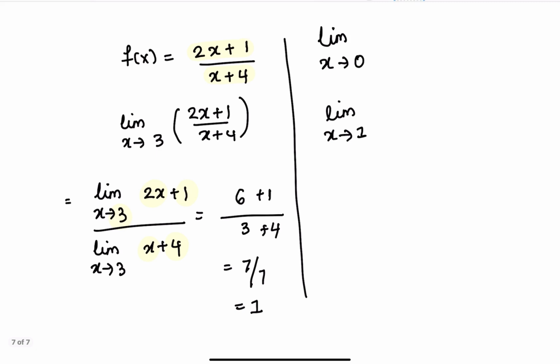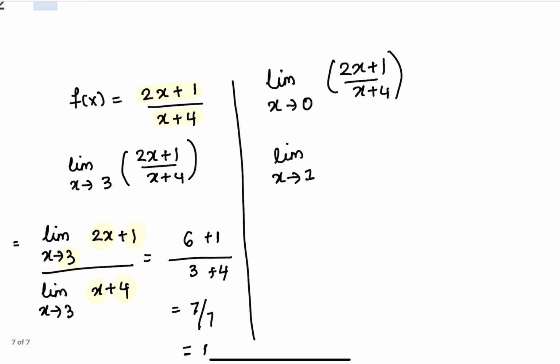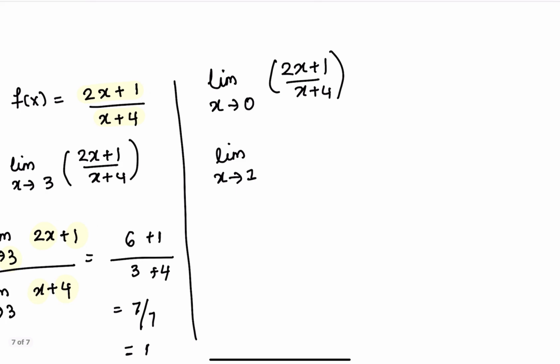Now let's do the same thing here. The limit as x approaches 0. What's my function? 2x plus 1 over x plus 4. Now when you're doing it, you don't have to do it all the time. Let me show you what I'm doing.